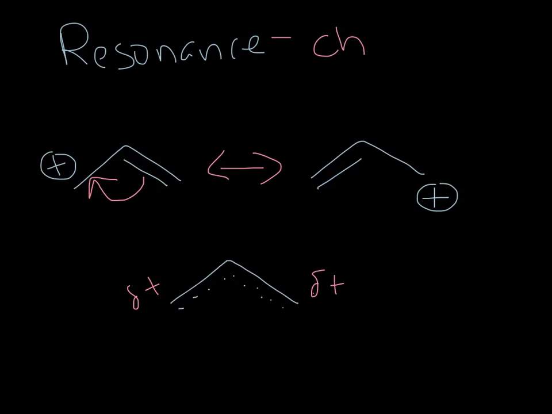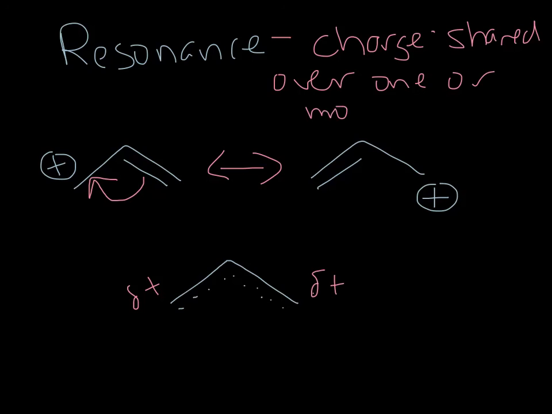So charge is shared over one or more atoms. So we've talked about resonance quite a bit now, but only pi bonds or lone pairs of electrons that are adjacent to the carbocation will be able to participate in resonance.